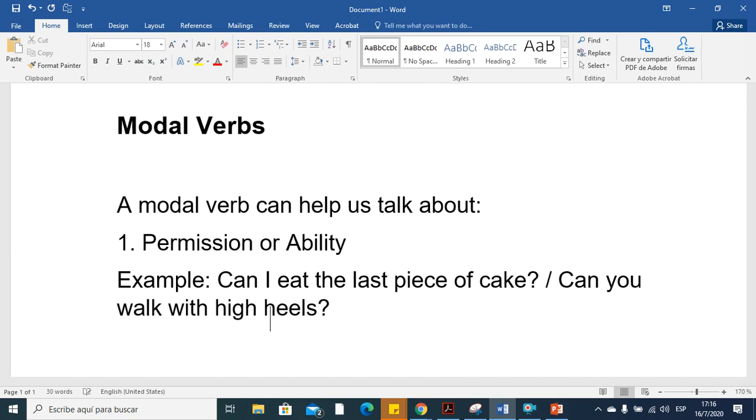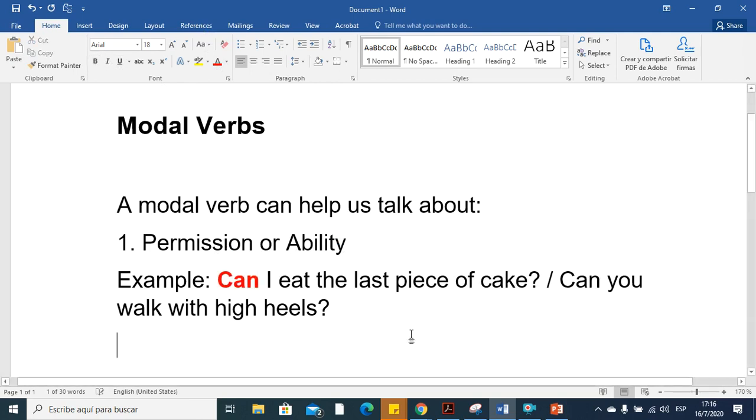High heels, tacones. Can you walk with high heels? Or can I eat the last piece of cake? This one is permission. What is a modal here is this verb that we have. When we say can, that's a modal. Same thing in here. When we say can you, can I, can we, that's a modal.